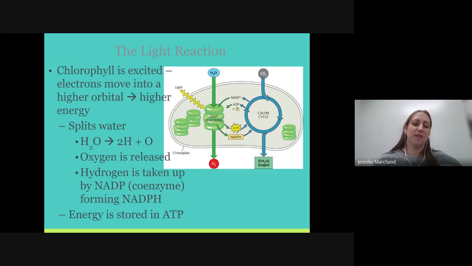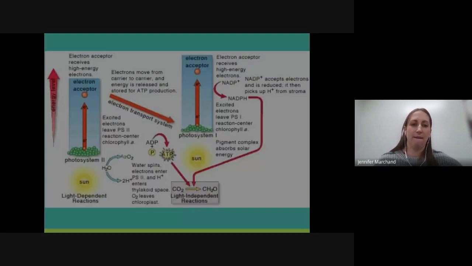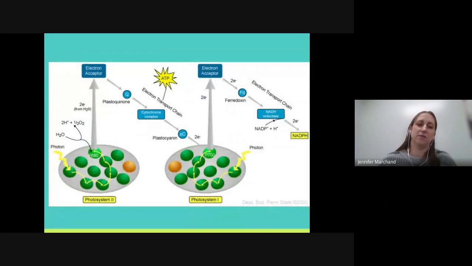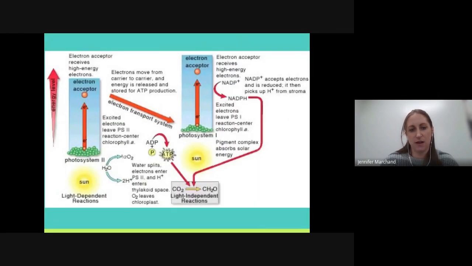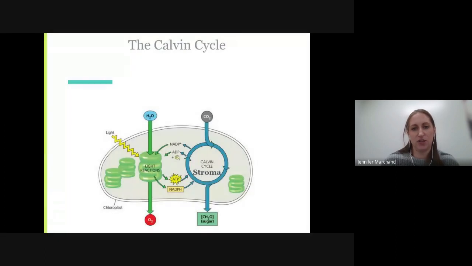Okay, and then the energy is stored as ATP that the plant can use to grow. Here are just a couple of different examples that you guys can take a look at to show how the energy is created.